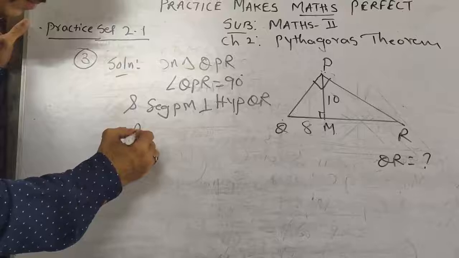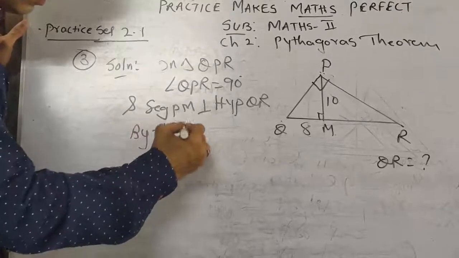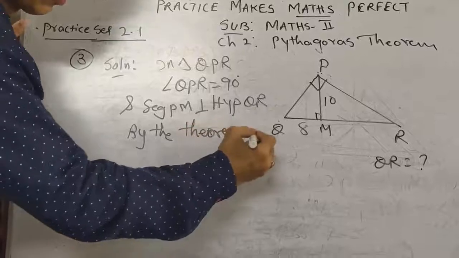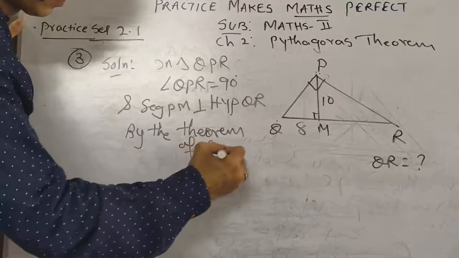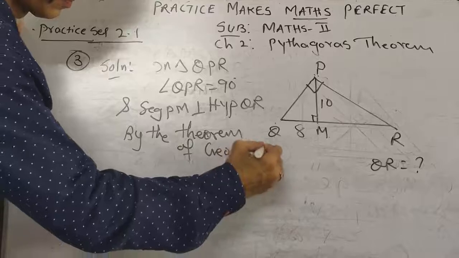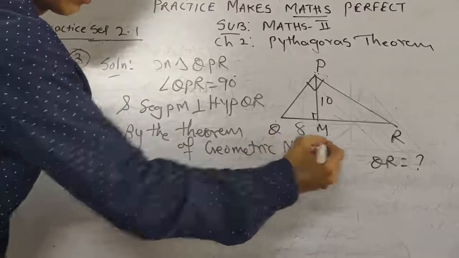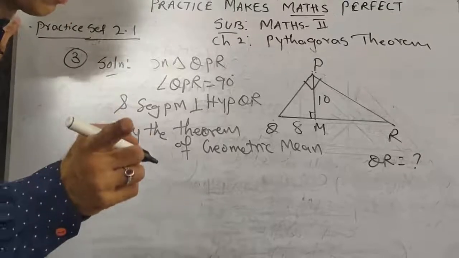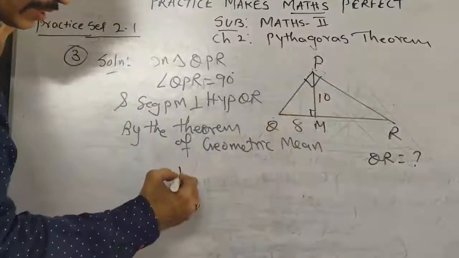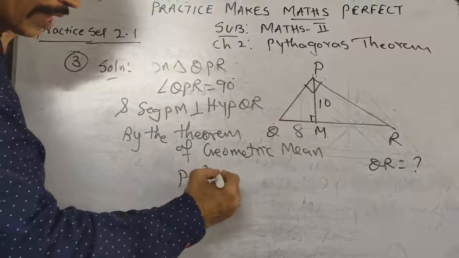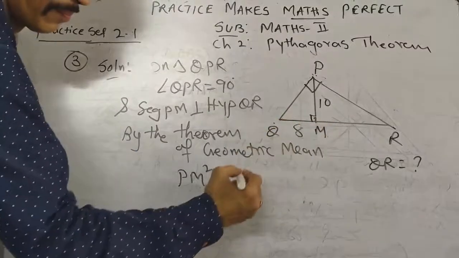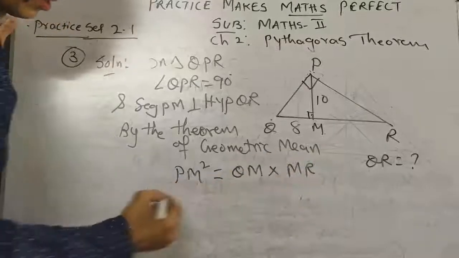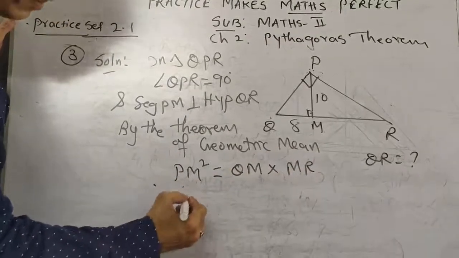Then by the theorem of geometric mean. So what is the theorem of geometric mean? All of you know very well now. I am writing PM square is equal to QM into MR. So PM is 10.